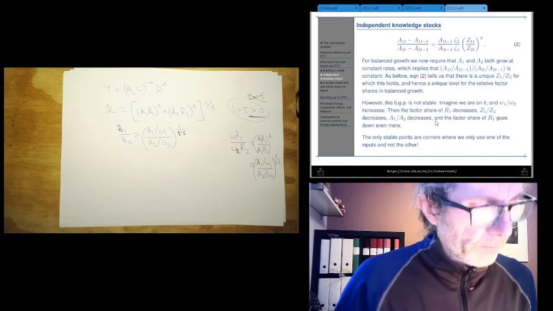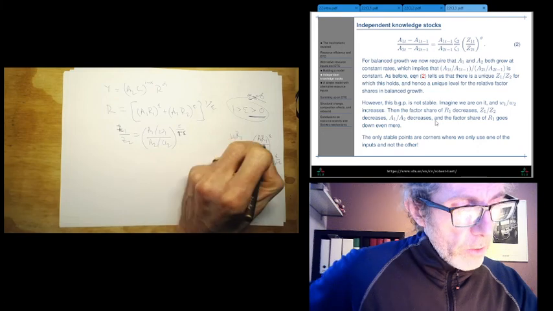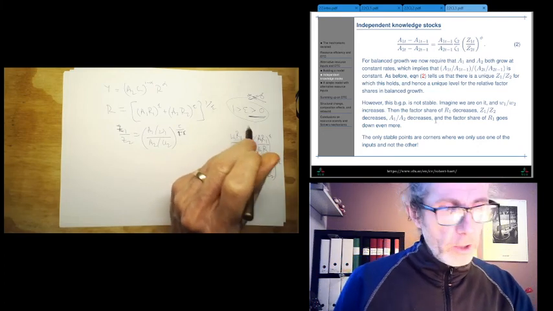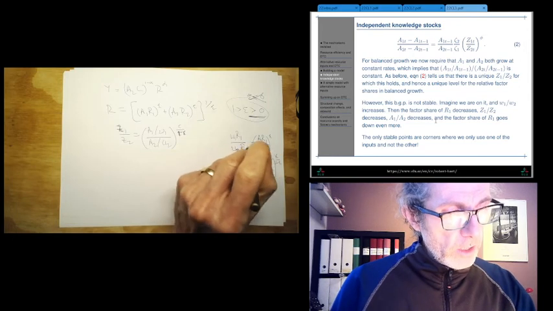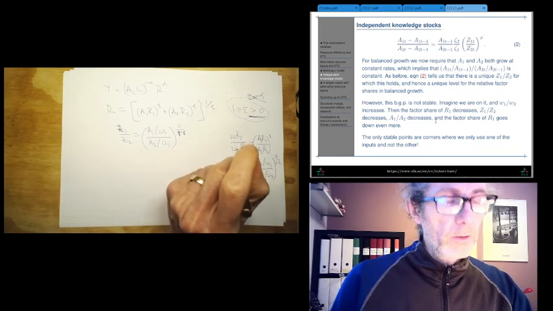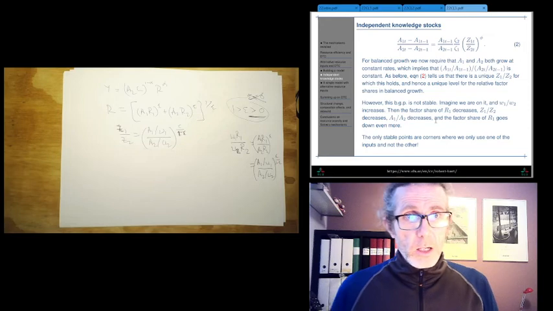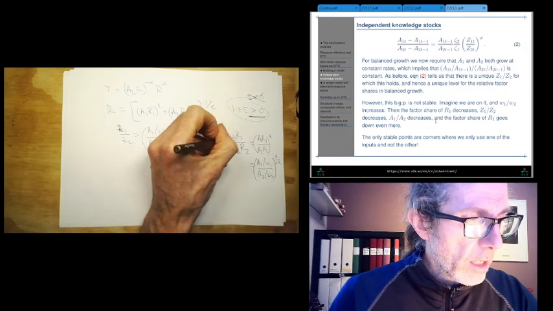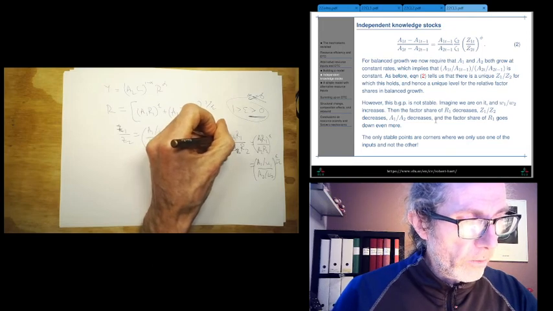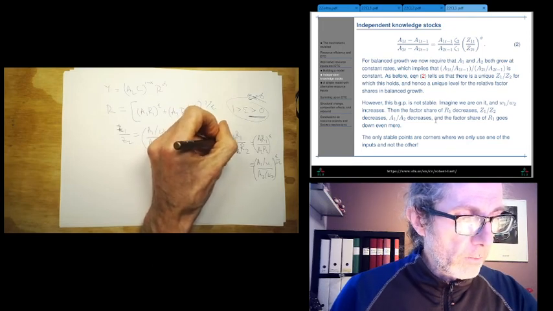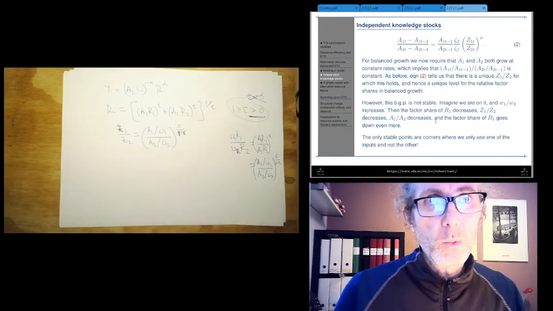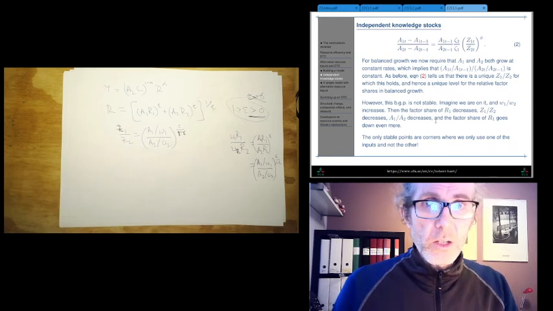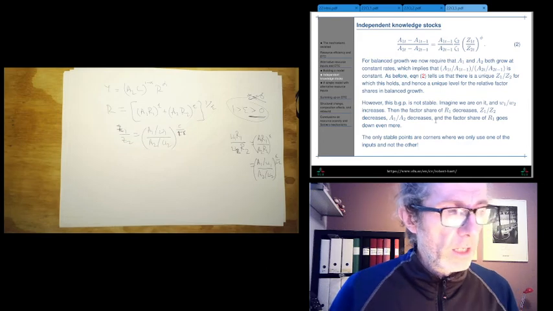Back to here. So there's a unique BGP where the Z1 over Z2 is just right to keep this balance, assuming that we've got constant trends in our exogenous variables, like say, for instance, if W1 over W2 is exogenous, we could say, let's assume it's exogenously constant, or let's assume it's changing at some fixed exogenous rate.